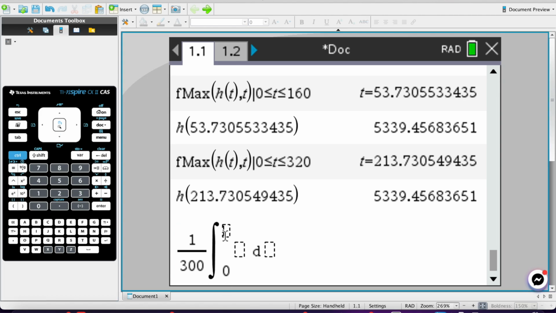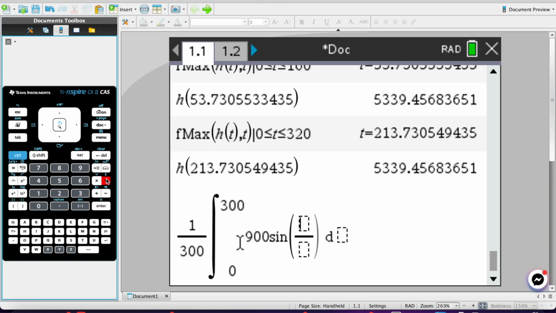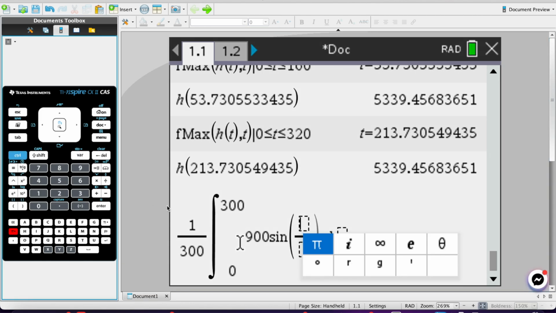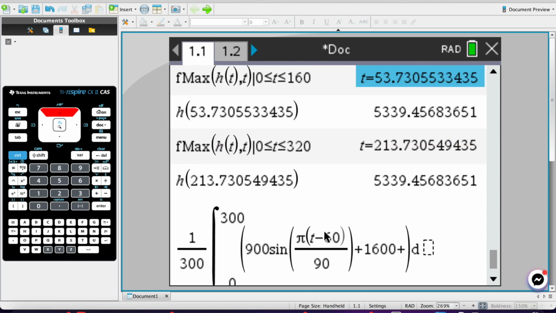0 to 300. Then we've got 900 sine pi t minus 60 over 90 plus 1600. And then plus, and surely I've used that somewhere else.